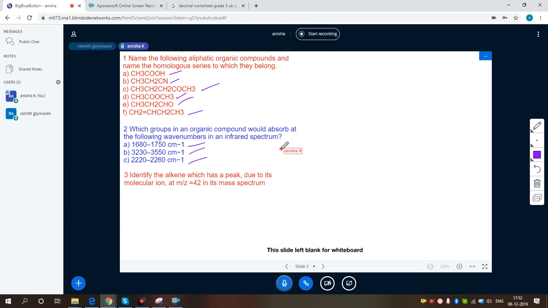Okay, fine. Now you know a bit of what we're going to deal with today: organic synthesis as well as spectroscopy. We'll start with what is organic synthesis.